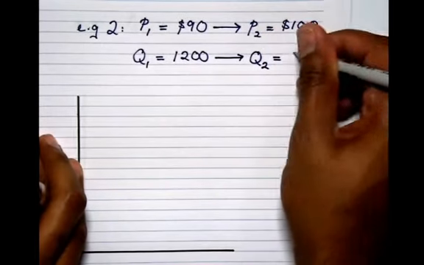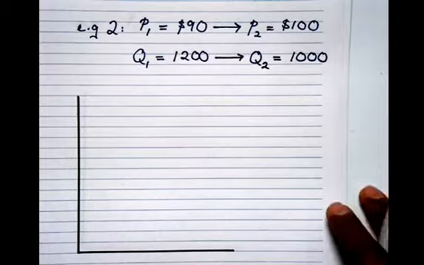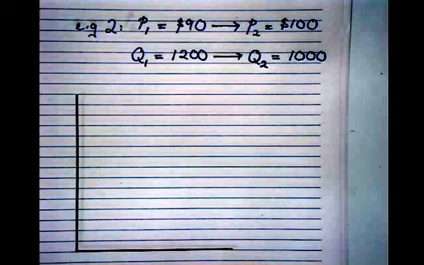Now we are selling 1,000 textbooks each semester. Can you calculate the price elasticity, please?